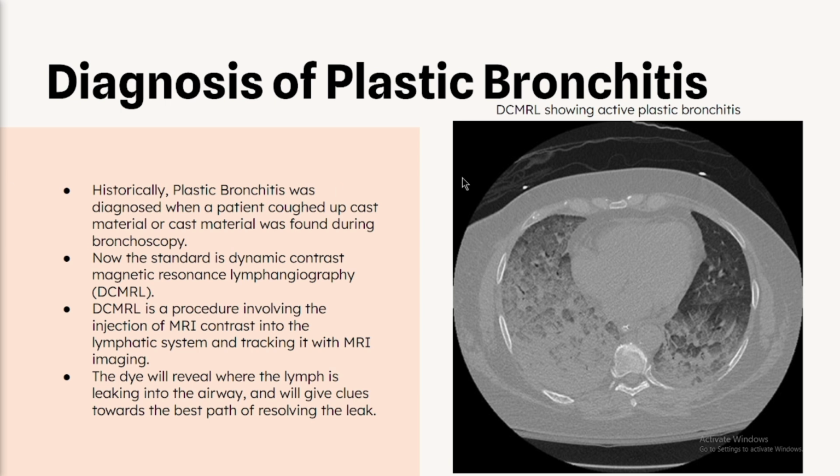This image right here shows a section of MRI in a patient with plastic bronchitis who underwent DCMRL. You can see all of the lymphatic fluid in the airways with that dye.